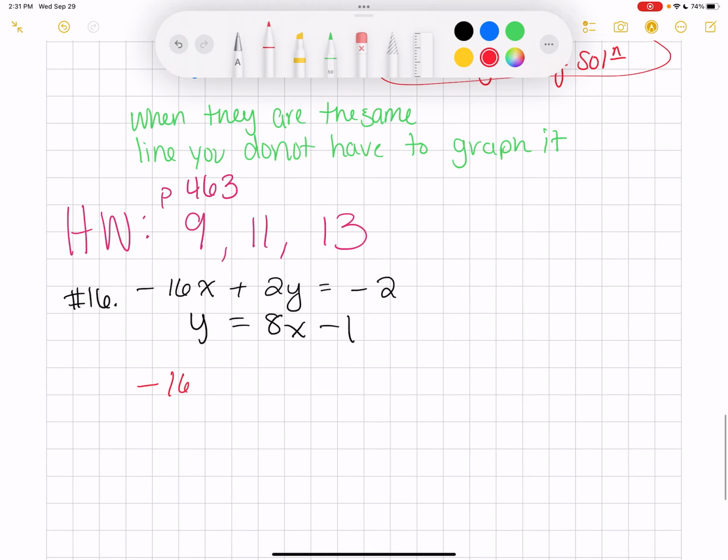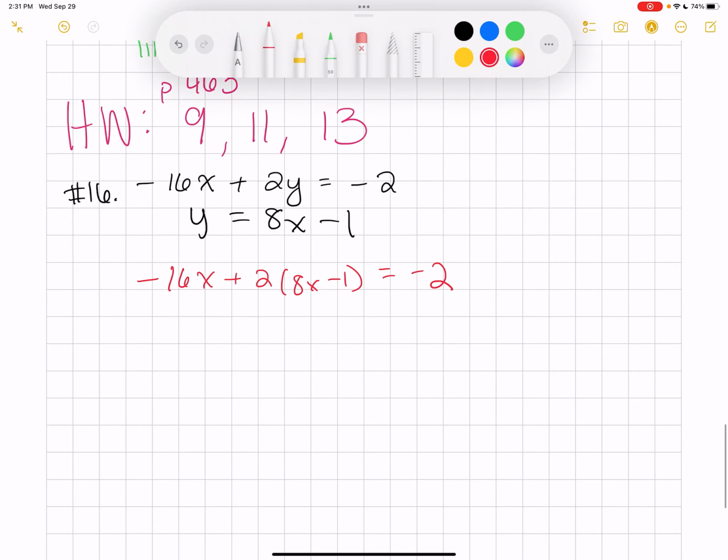So I'm going to have negative 16x plus 2 times 8x minus 1 is equal to negative 2. And then I'm going to distribute here. So negative 16x plus 16x minus 2 is equal to negative 2.